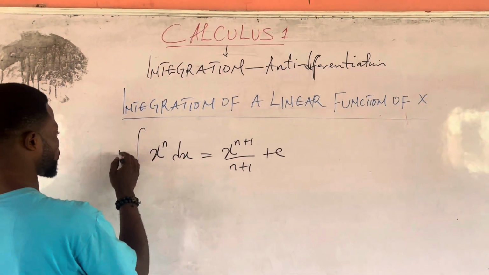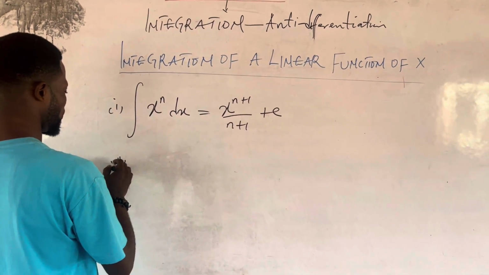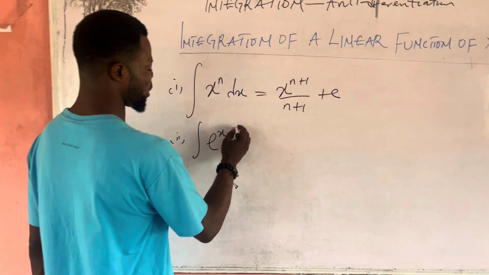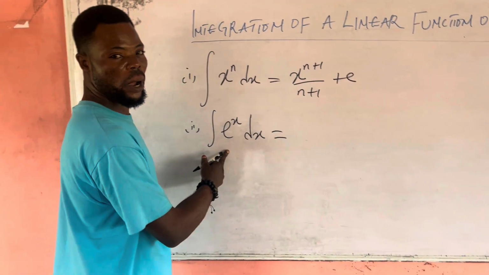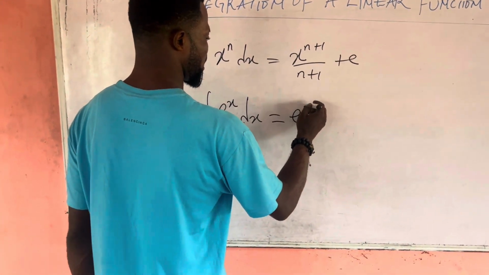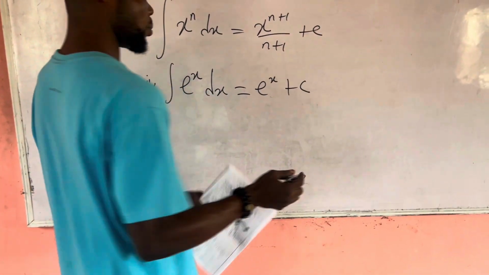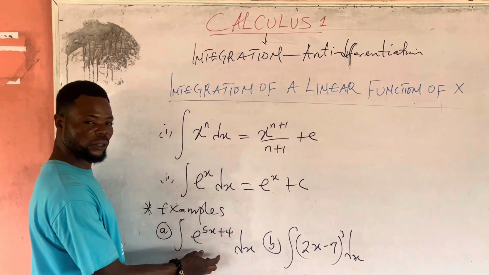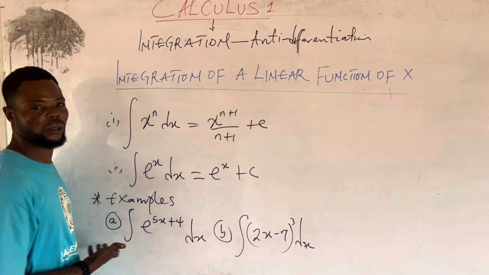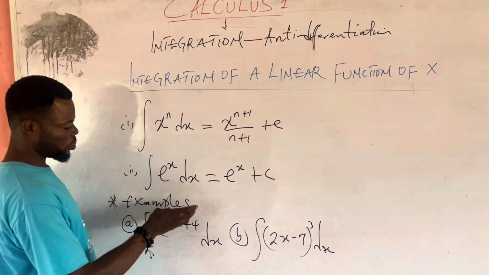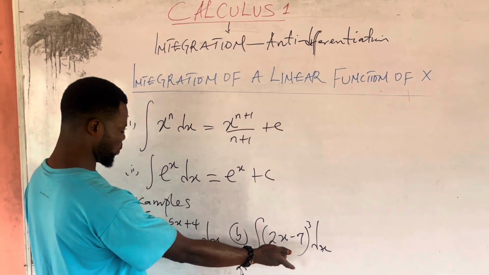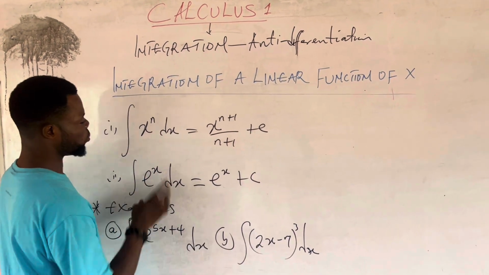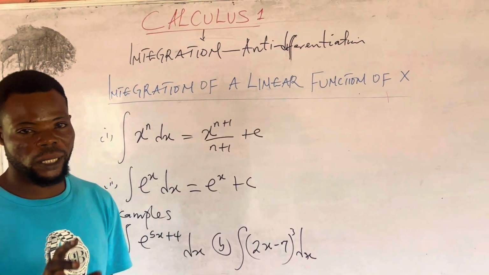And if we also integrate exponential x with respect to x, we are going to have exponential x plus c. So to integrate these two functions, we need to find a way to reduce them to this form, and if we reduce them to this form, we can easily get our integration.